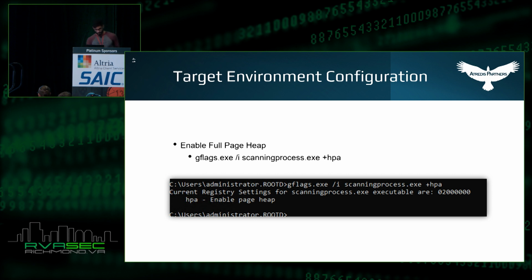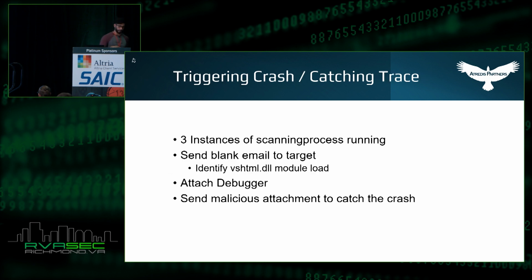Now, triggering the crash. At any point in time, there's going to be 3 instances of scanning process running, and there's a watchdog on top of that. In order to identify which scanning process is going to be the one processing the file at any given moment, you can just send an empty email to the target, and you should see that one of the scanning processes loaded vs.html.dll.